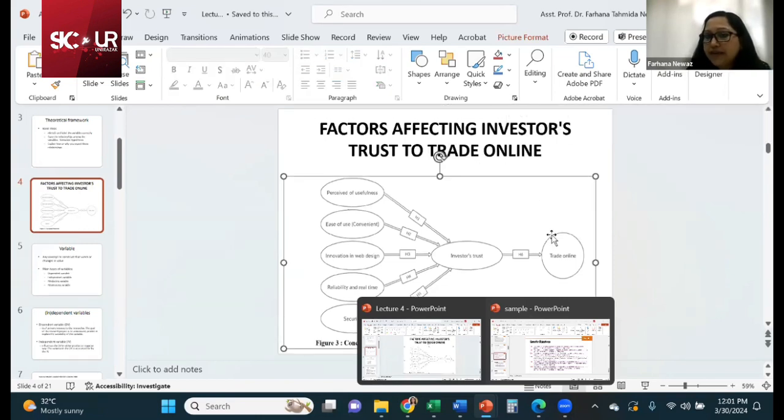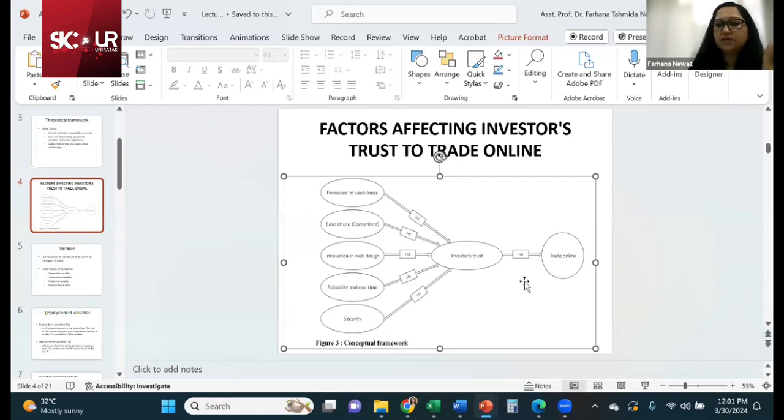And whether people will be trading online or not, this will be depending on what? Depending on all the factors you are going to identify, or all the factors this person already has identified. So this will be your independent variable. Independent variable means those variables which are not dependent on other variables, so they are self-sufficient. Your dependent variable will be the main interest and main focus of the study, and its value or results depend on the other variables, which are called independent variables.